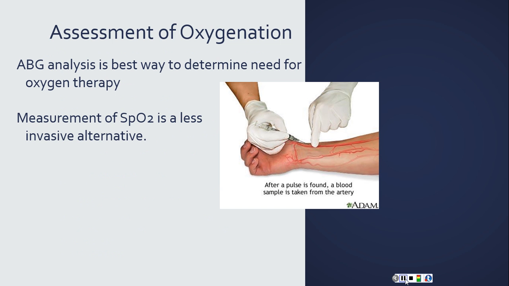All right, we talked about this a little while ago, but for assessment of oxygenation, ABG analysis is what we're going to use. You may not always use ABGs because they're painful. For one, checking the ABG level is pretty painful, but that's the best way to determine the need for oxygen therapy.